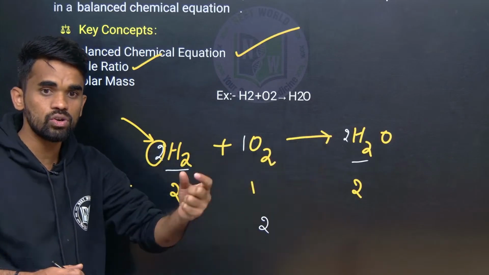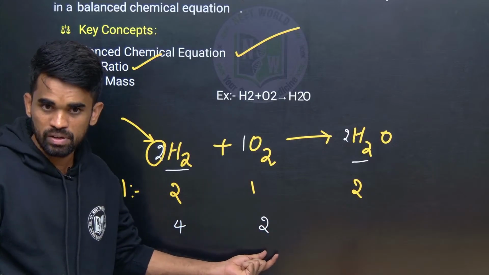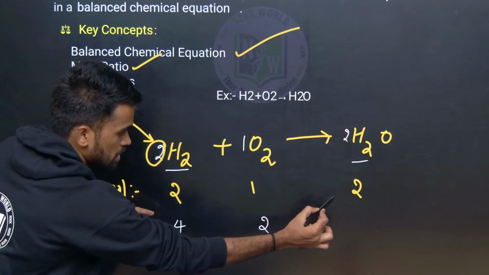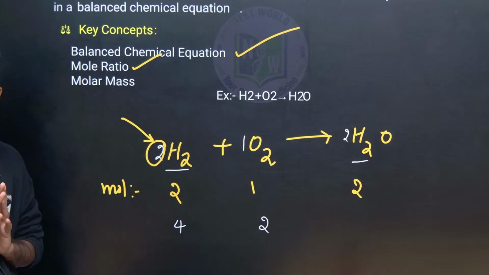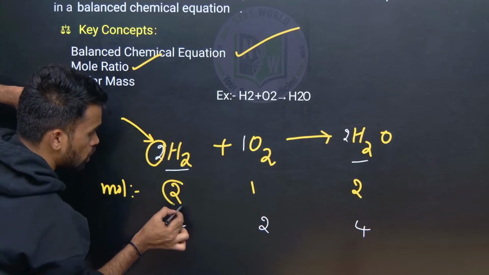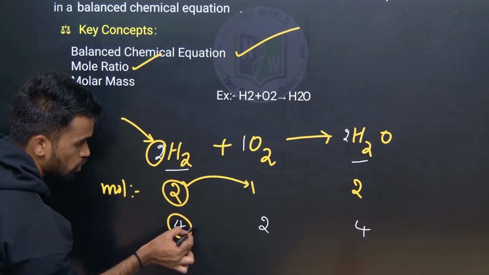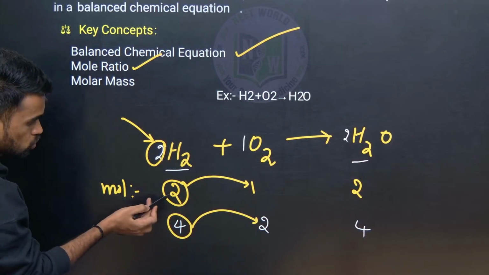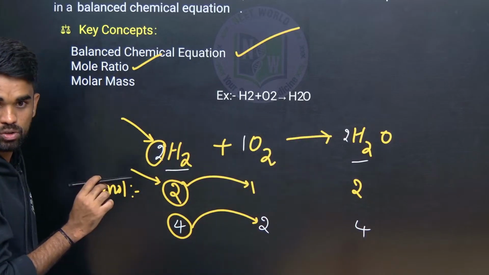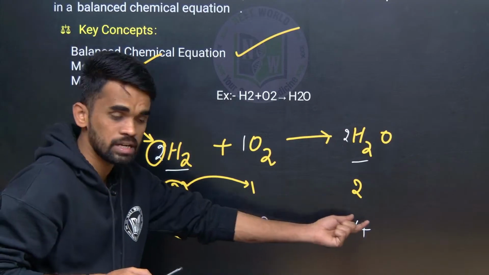Just use this relation to get the answer. 4. Why is it 4, you tell me? For every 2 moles we require 1 mole, so for every 4 moles we require 2 moles. By using this mole ratio, the balanced chemical equation and stoichiometric coefficients, we can get how many moles of these combine to give the product.